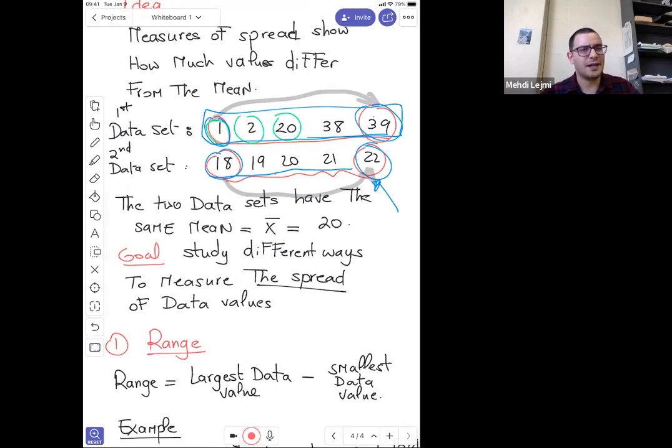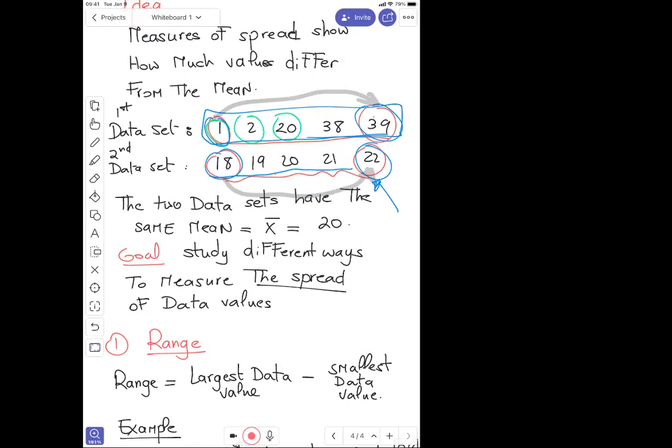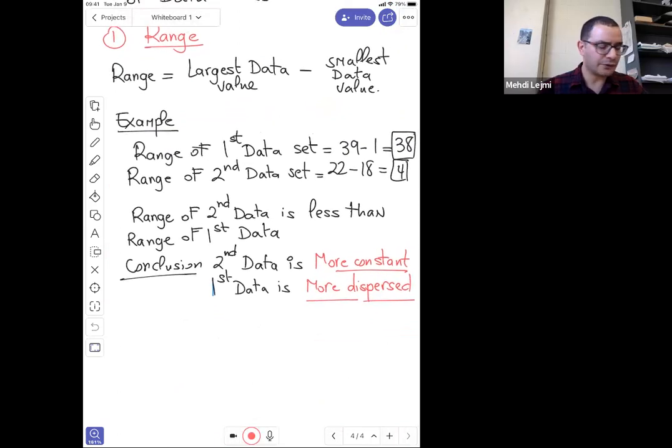So we can conclude that the second data set is more constant, less dispersed than the first data set. Okay. Does this make sense to you guys? This idea of the range and which data set is more constant or more dispersed? Yes. Okay, perfect.